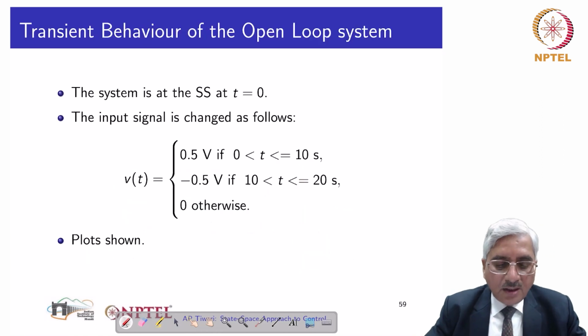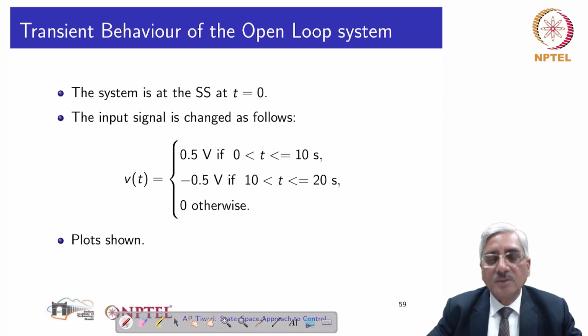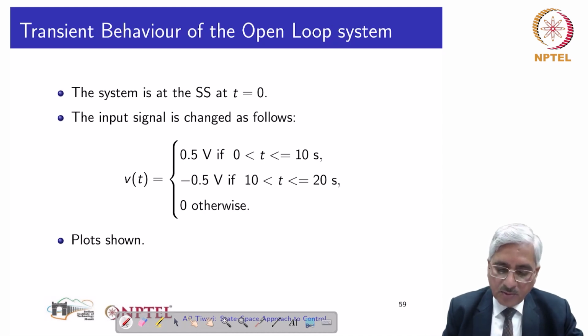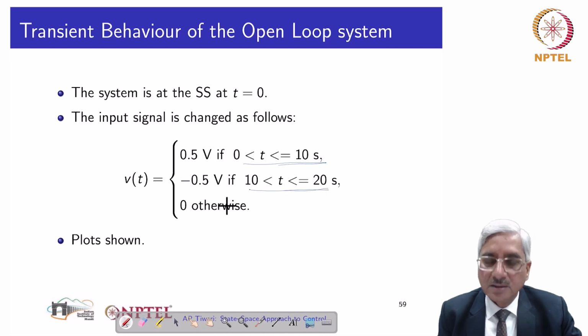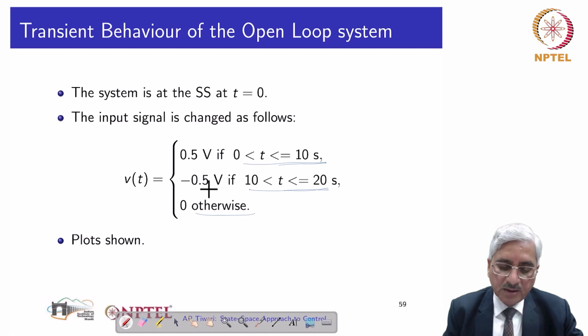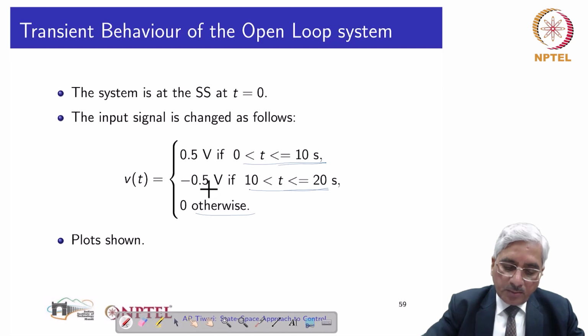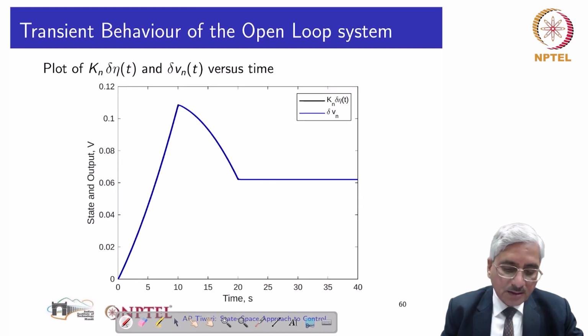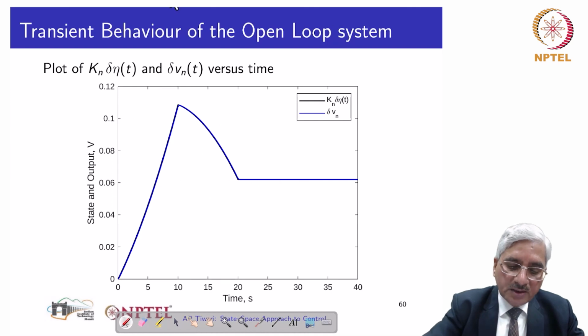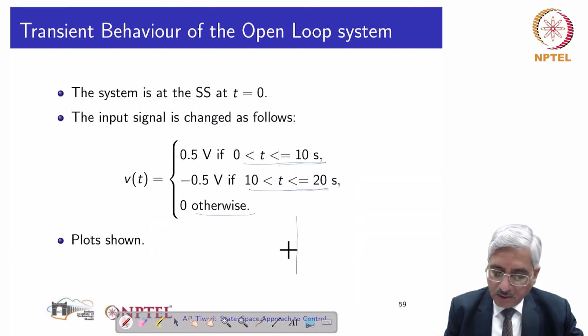Now we subject the system to a transient to understand how it behaves. The system is at steady state at t equal to 0, and the input signal is changed in this manner. A small voltage is applied for 10 seconds, then a reverse voltage is applied, and subsequently it becomes 0. Let me explain; I think that voltage profile is not shown.